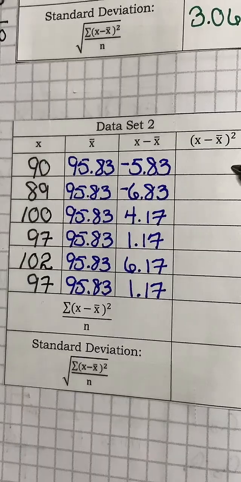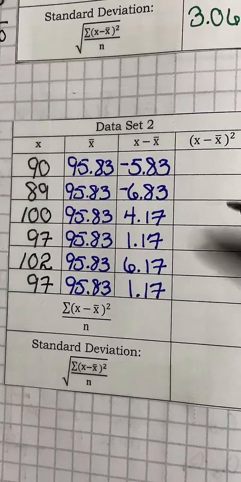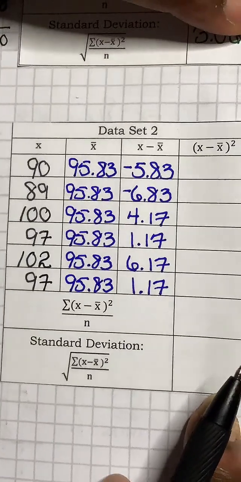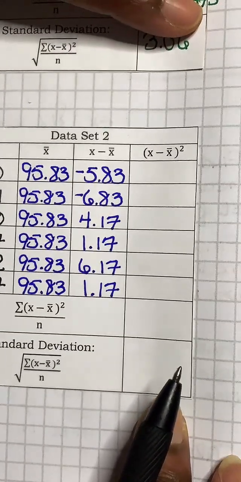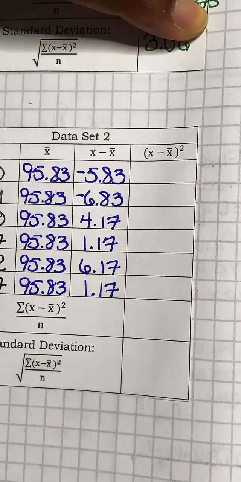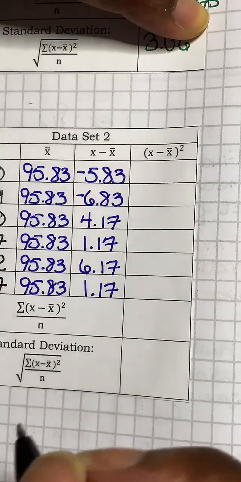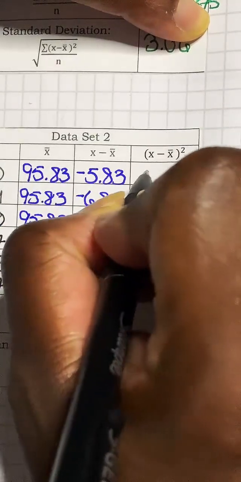And when we square it, we're going to put its answer there. And like I said, all of your numbers should be positive. Got crazy calculating? Yes. Oh yeah, like this one.